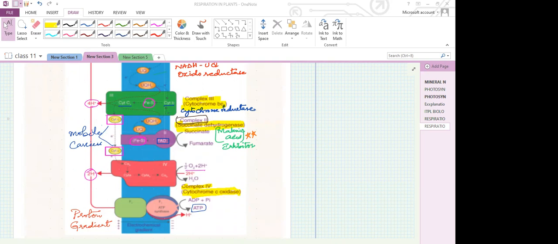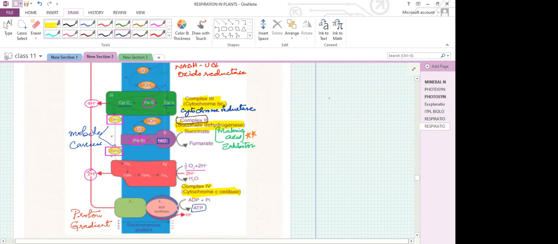Cytochrome C or A3? Cytochrome C is given. In your textbook, is it given C or A3? What's given in your textbook? NCERT? It's given C. Okay, cytochrome C is a copper.